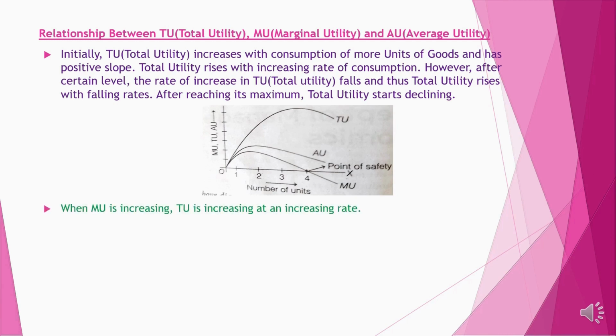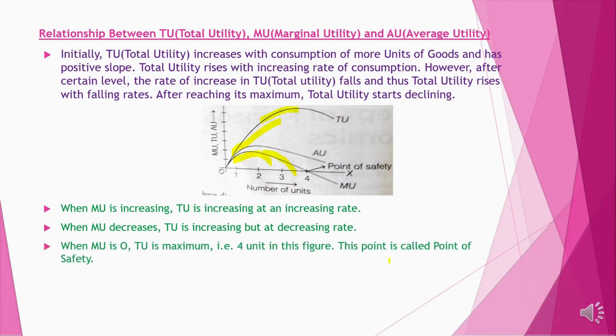Now from this diagram we can conclude that when MU is increasing, TU is increasing at an increasing rate. When MU decreases, TU increases but at a decreasing rate.